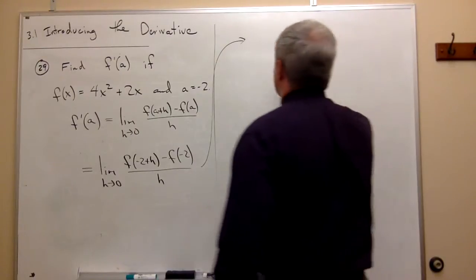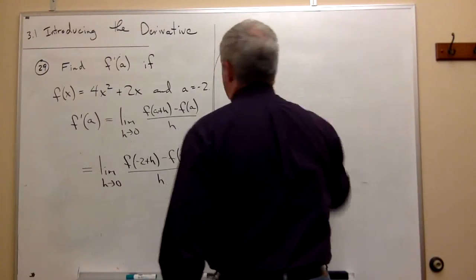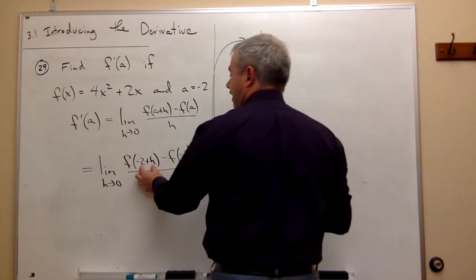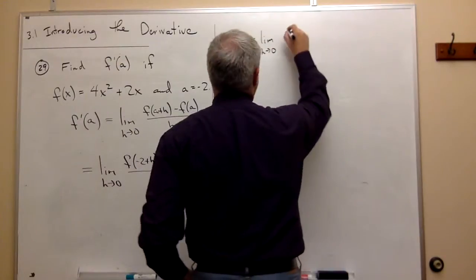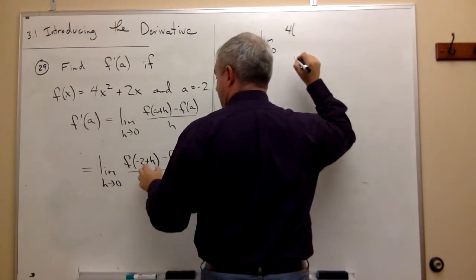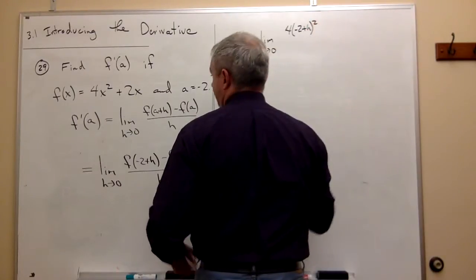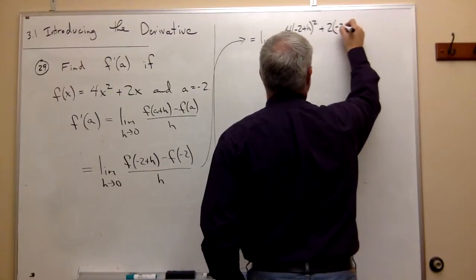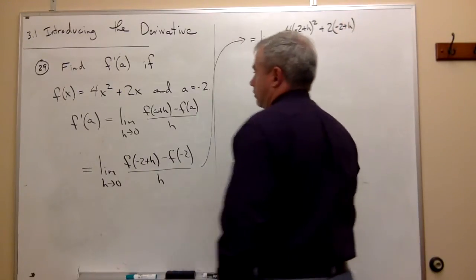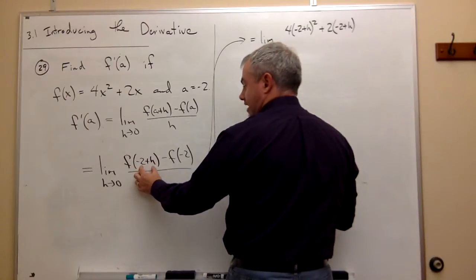We get the limit as h goes to 0 of, if I plug in negative 2 plus h for x here and for x here, 4 times negative 2 plus h squared plus 2 times negative 2 plus h. All right, that's f of negative 2 plus h.